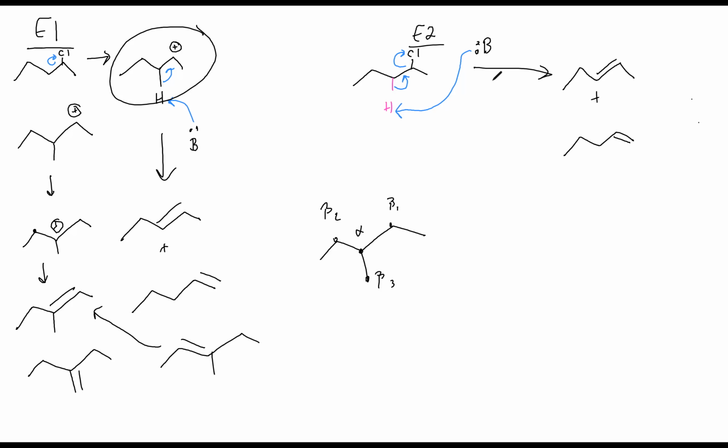So let us clear this very quickly, and we'll talk about the differences between E1 and E2. So we talked about the differences in products. The main difference is the E1 product can have some sort of shift. Somebody said, would the tri-substituted product be more stable than the di-substituted? Yes, the tri-substituted double bond will be more stable than the di-substituted double bond.